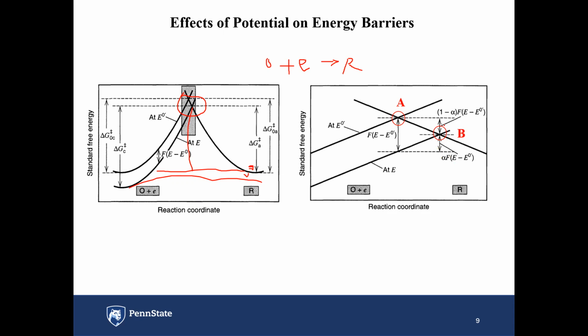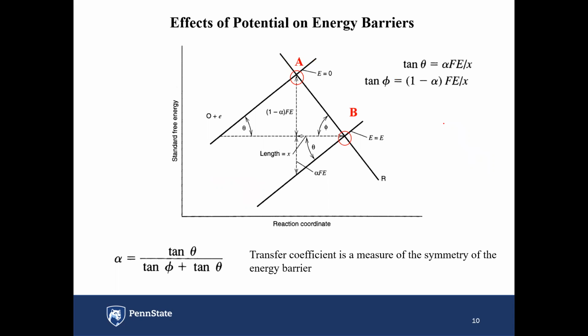we have a share: part of the energy goes to the forward, part of the energy goes to the backward, right? And in order to have a better understanding of what alpha is, here if we take a closer look at the two parallel lines, this is the oxidation reaction line, this is the reduction reaction line, right?